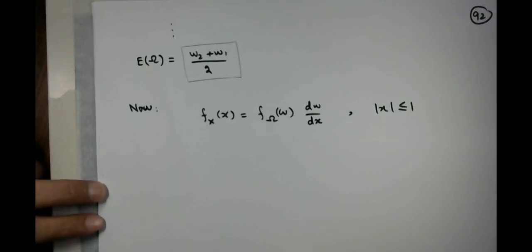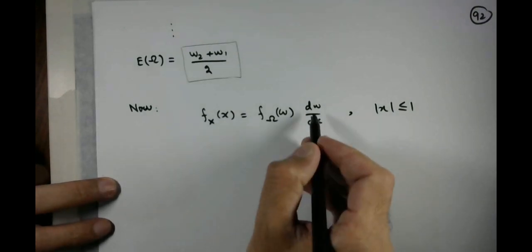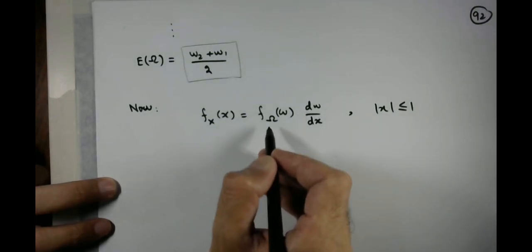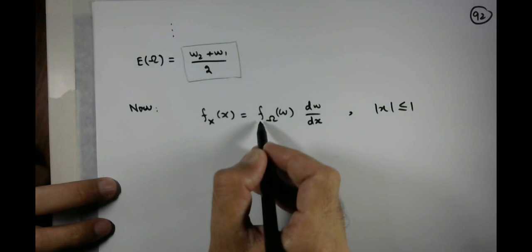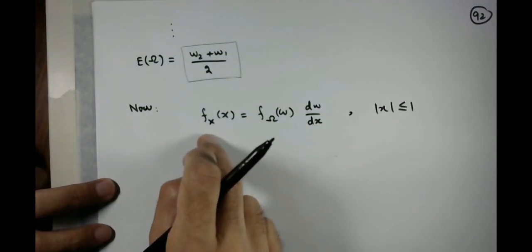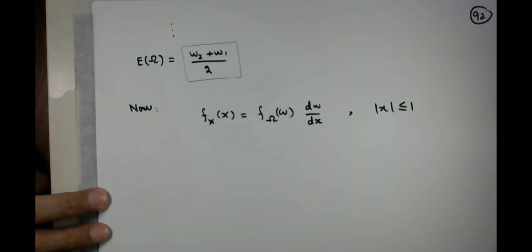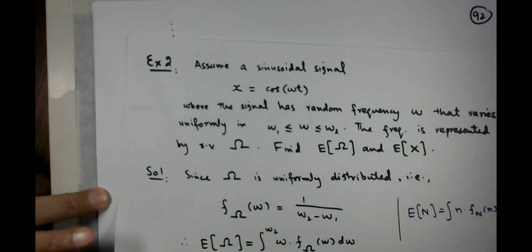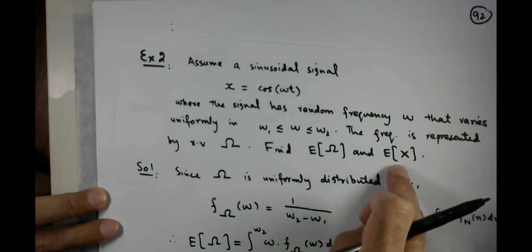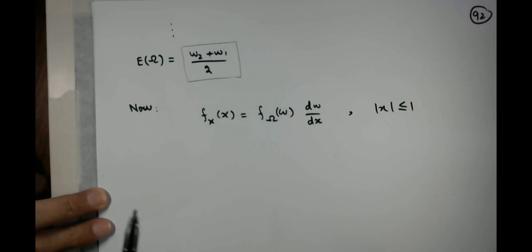Now we have to ultimately plug in d omega by dx. We already know f sub omega of omega, so if we can find this, we'll be able to find the distribution of x, and if we know the distribution of x, we can easily find the expectation of x, which is the second part of this question.